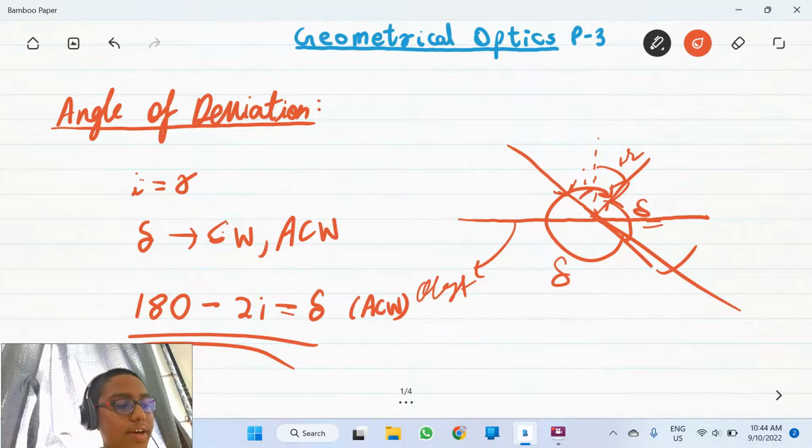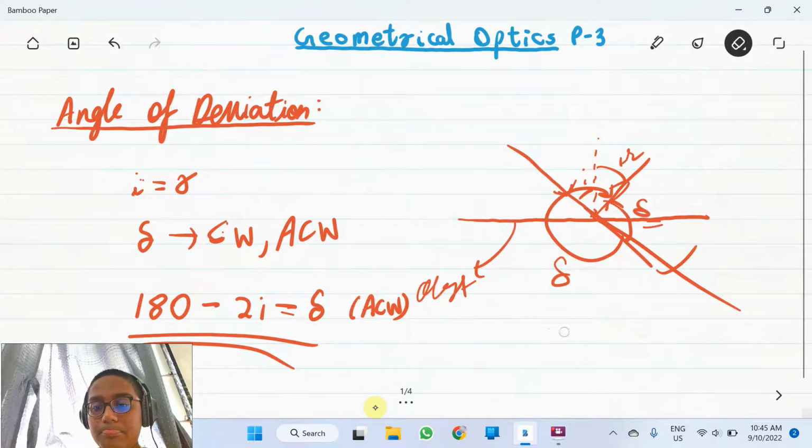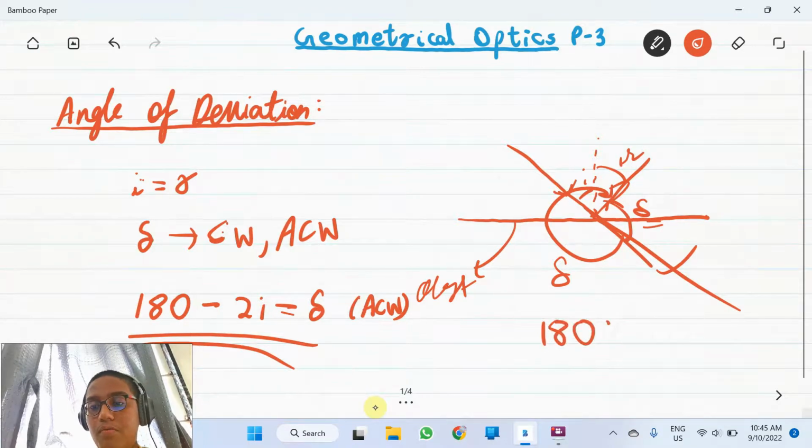So we can write 180 plus 2i equals deviation clockwise.